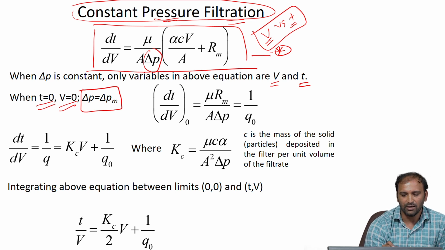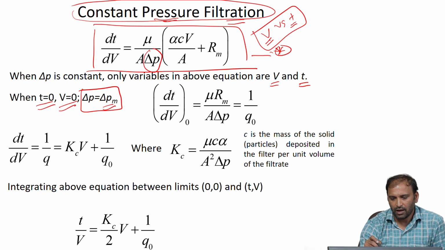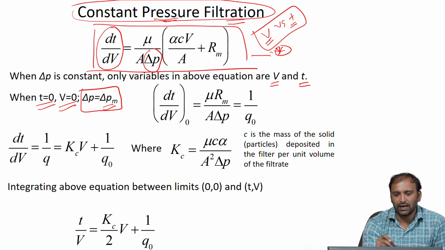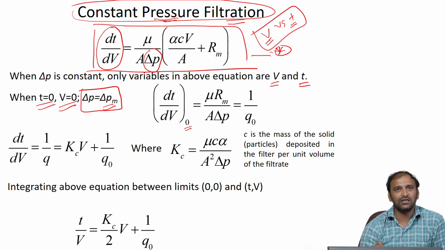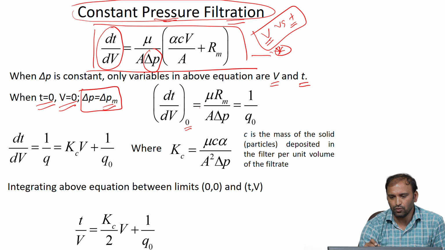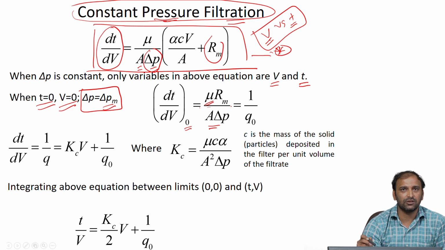Therefore my delta P is essentially equal to delta P_M. So dt by dV at time t equal to 0 is equal to mu multiplied by Rm divided by A times delta P, plus the other term, which is equal to 0 because V essentially is 0.